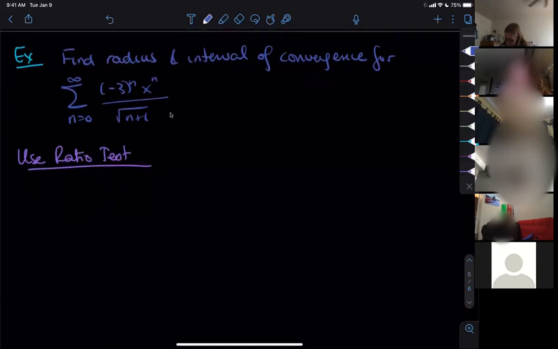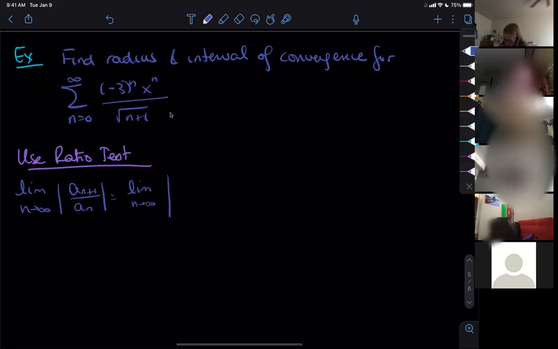All right, let's see. So we want to take the limit as n goes to infinity of the absolute value of a_(n+1) over a_n. So a_(n+1) is negative 3 to the n plus 1, x to the n plus 1, over the square root of n plus 1 plus 1, so that's the square root of n plus 2.